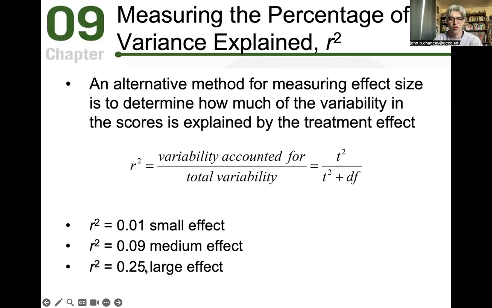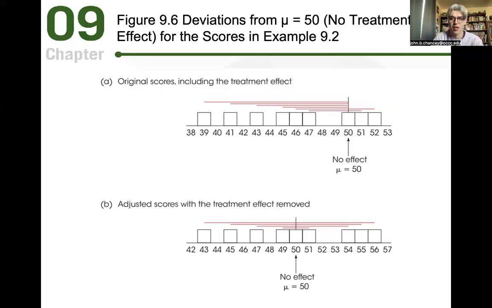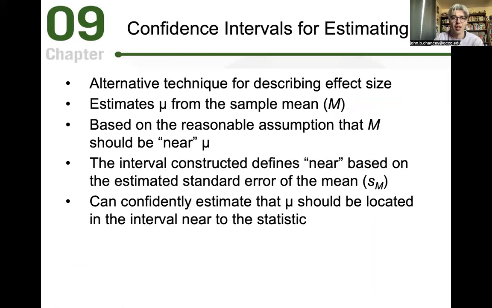Anything larger than 0.25 is considered a large effect. So you have a couple of different ways to achieve the same ends. We can see not only whether our differences are significant, but to what magnitude they are significant.